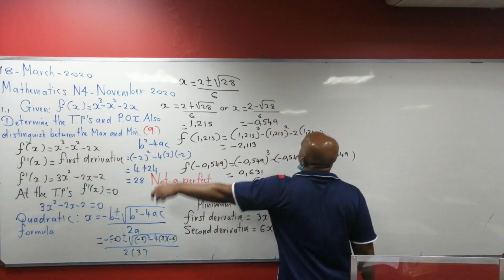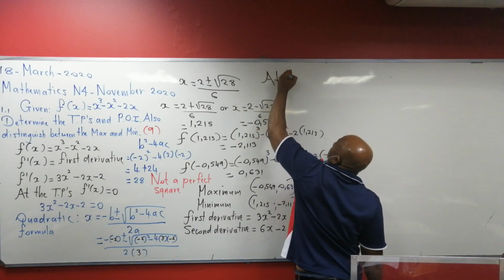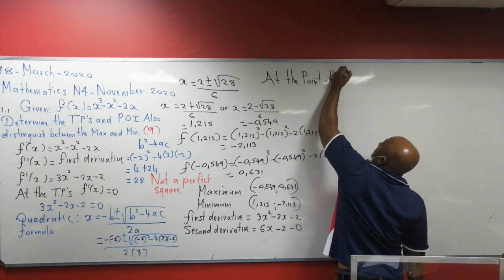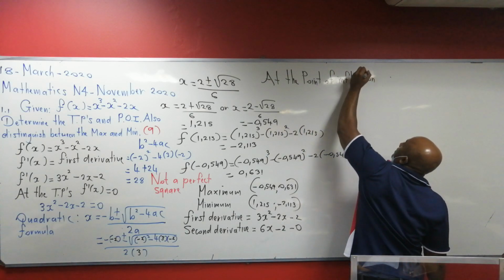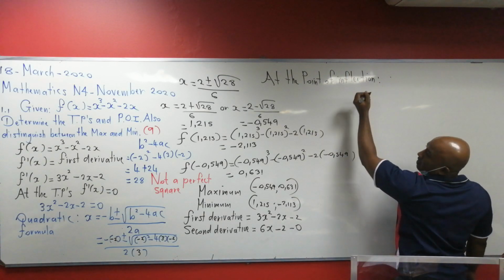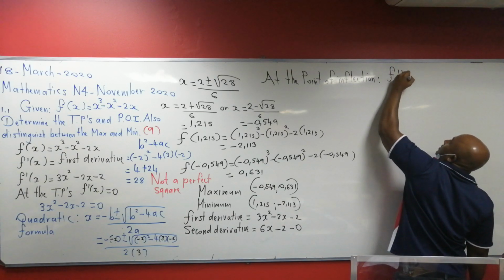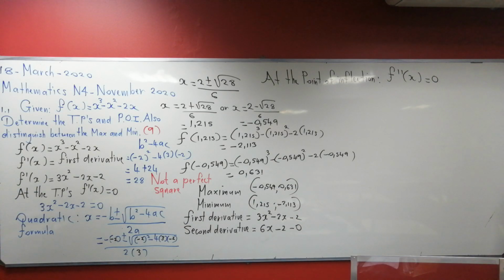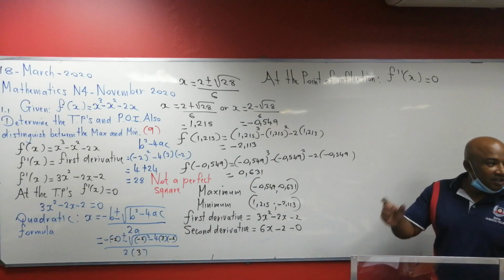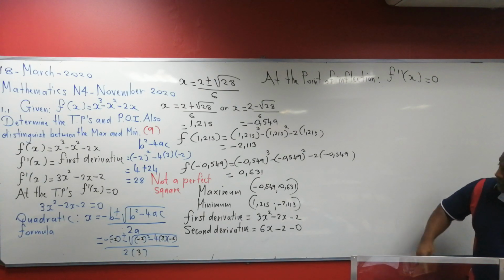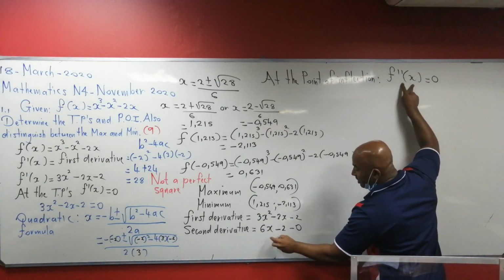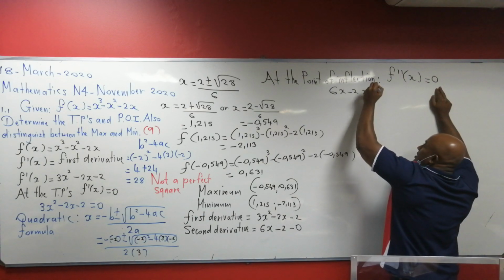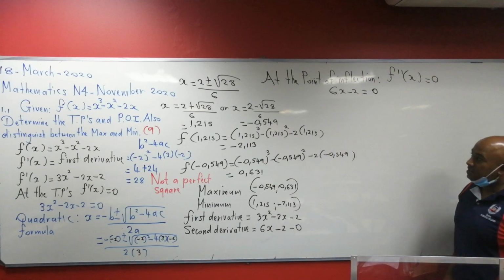Okay, now at the point of inflection, the second derivative must equal 0. You memorize this theory. So you take your second derivative, which is 6x minus 2, and you make it equal to 0. And now you're going to solve for x.